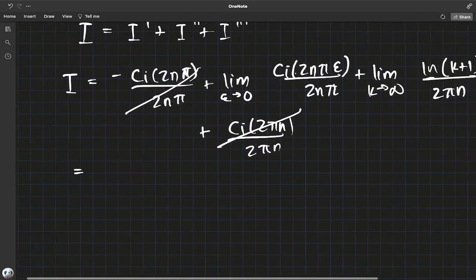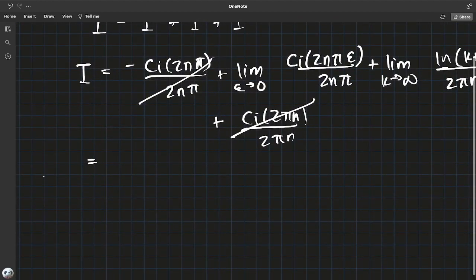Now how do we estimate this cosine integral evaluated at 0? For that we need to use, from one of my previous videos, the formula that I derived for the cosine integral: Euler-Mascheroni constant plus natural log of z, plus the sum of minus 1 to the k, z to the 2k over 2k times 2k factorial.